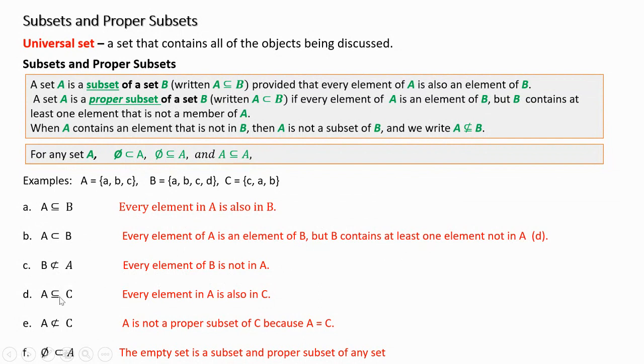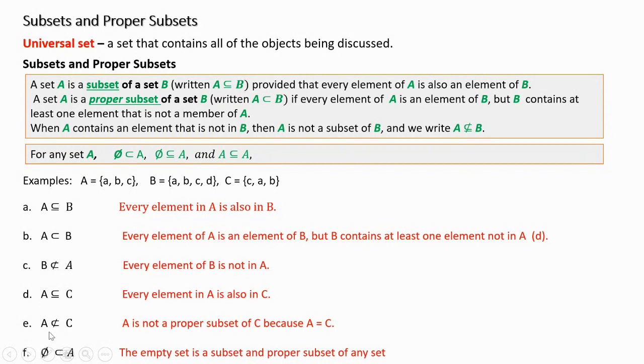Okay, now A is a subset of C, which means every element of A is also in C, right? We have ABC and CAB. So in other words, these are also equal sets, and this is true because any set can be a subset of itself.